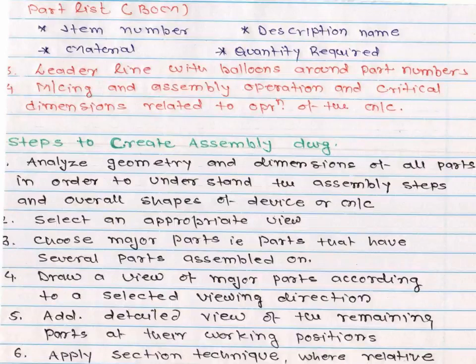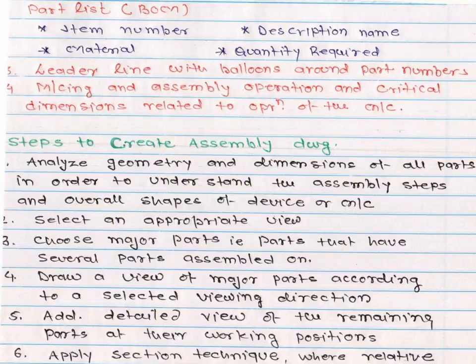The general steps to create assembly drawings: we analyze the geometry and dimensions of all parts in order to understand the assembly steps and the overall shape of the device or machine. Select appropriate views, as we already discussed; there are many views in assembly drawings, so we have to select appropriate ones.